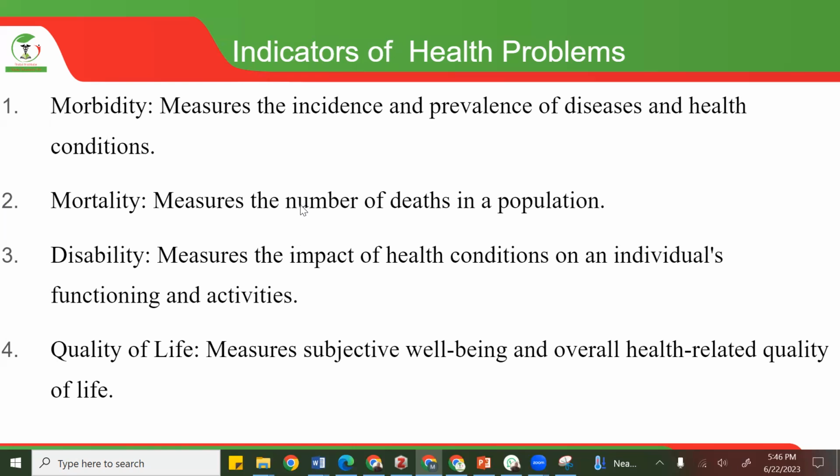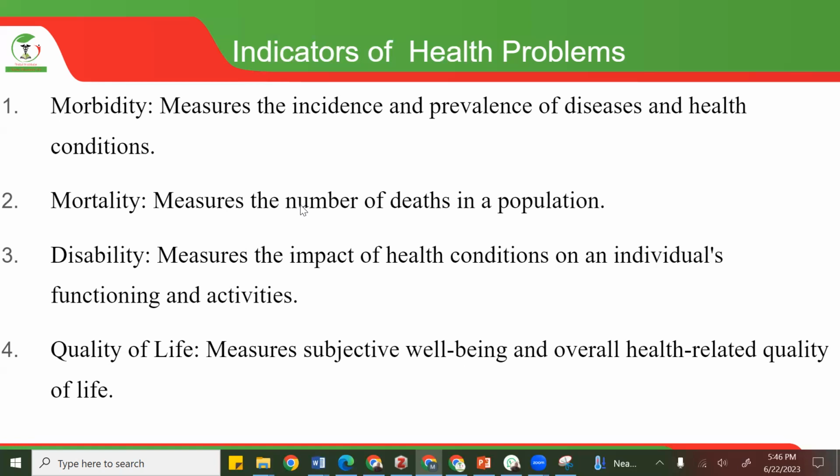For example, we can say that the problem affects women aged between 15 and 45. So that is who. But the magnitude is what we are looking at now: how much, to what extent?